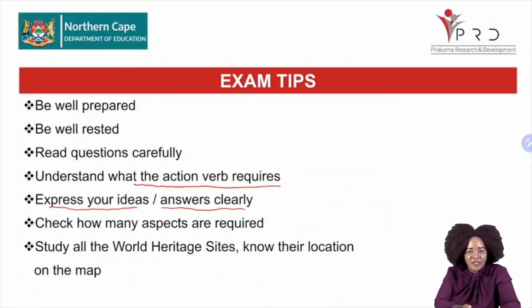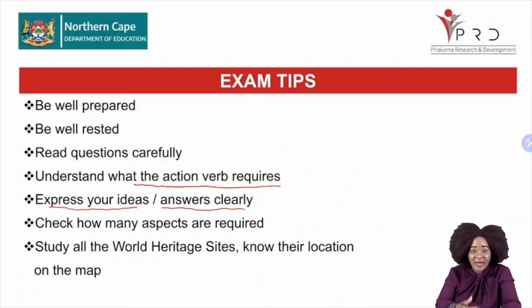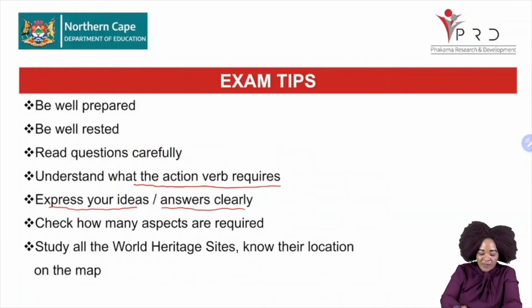You must remember, grade 12 learners, during the final marking of your papers, you are not going to be marked by your teachers who are marking you during the year. You are going to be marked by the people who never taught you. It is important that when you express your answers, you express them very clearly so that you get the mark.